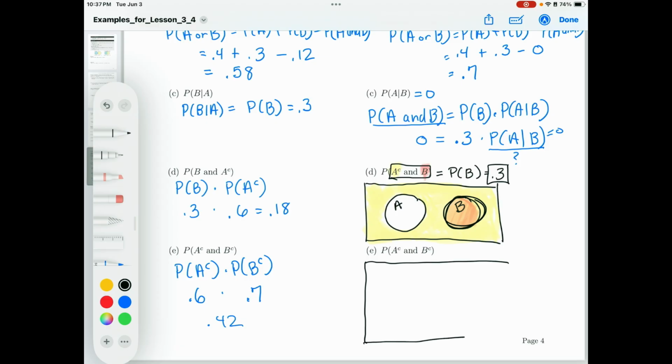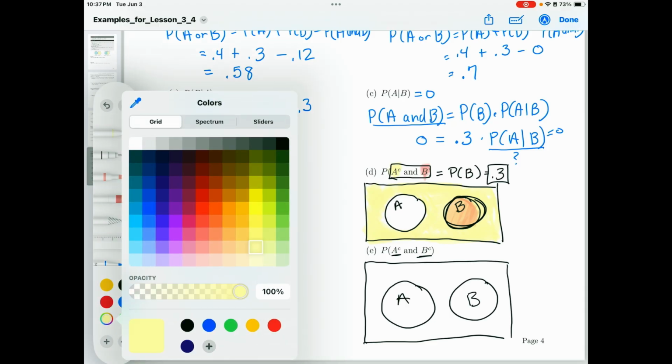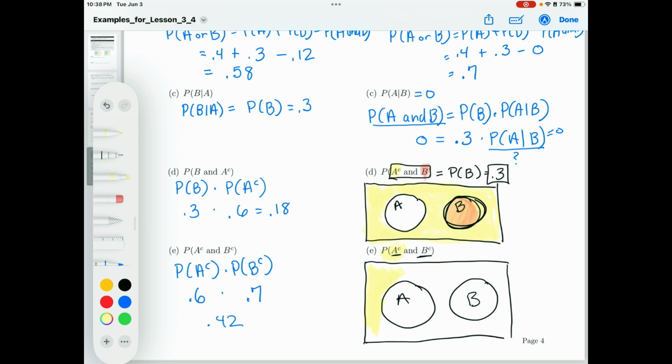Let's solve E the same way. Again, we're going to draw A and B separately because they're mutually exclusive. We're trying to find the probability of A complement and B complement. I'm going to shade A complement in yellow.